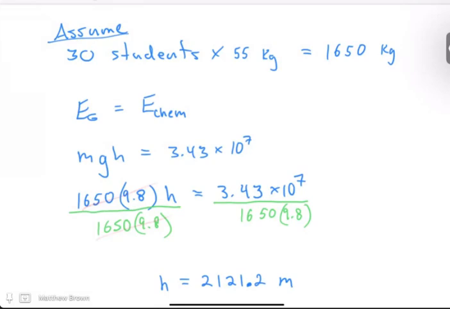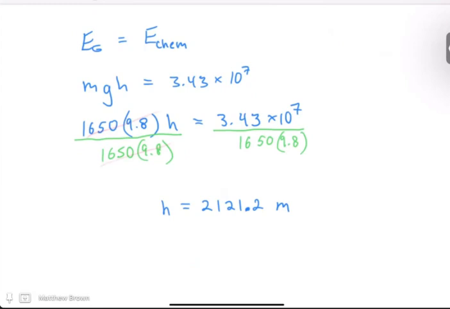Substitute in the mass and g and solve, and you get a height of about 2 kilometers. Not bad. It means if we were able to convert all of that energy in a liter of gasoline, we could raise the whole class to about 2 kilometers.